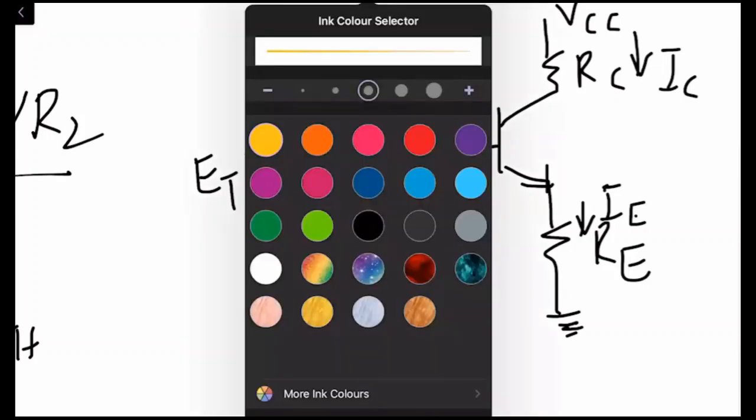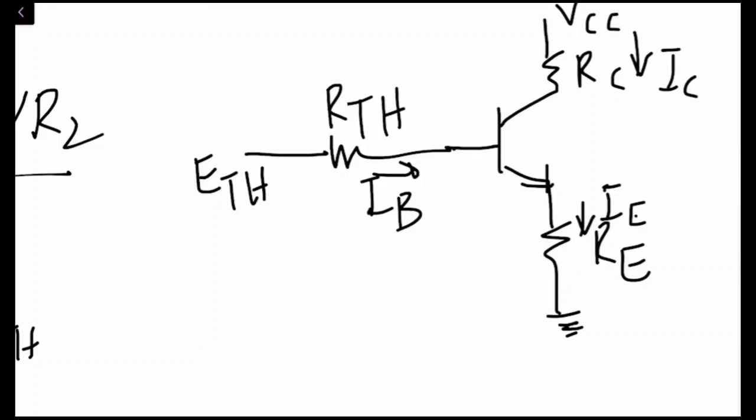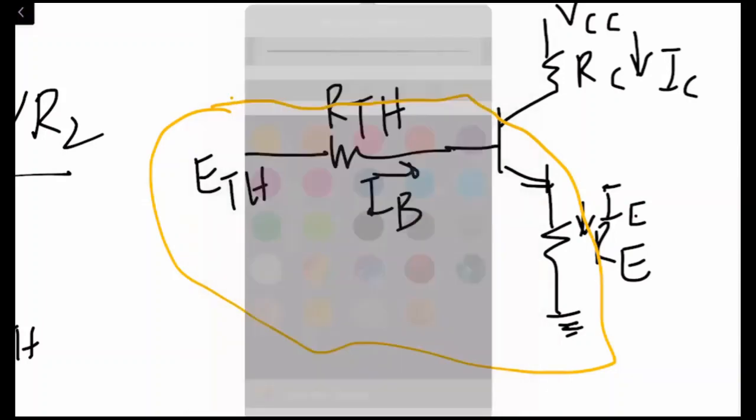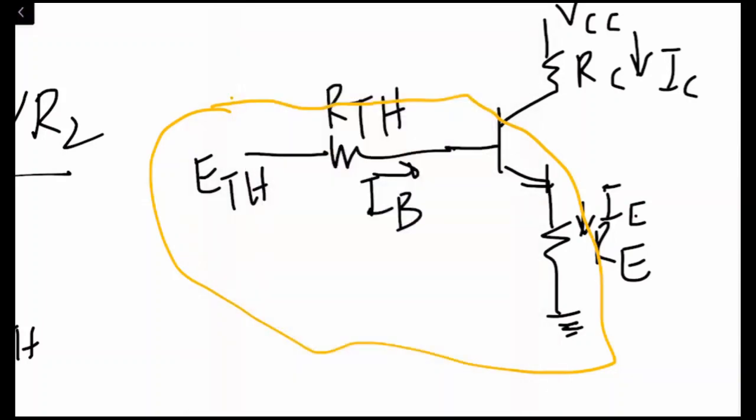Now at the input side, what we have, this is our input side, right? So applying KVL to the input side, this is our loop.